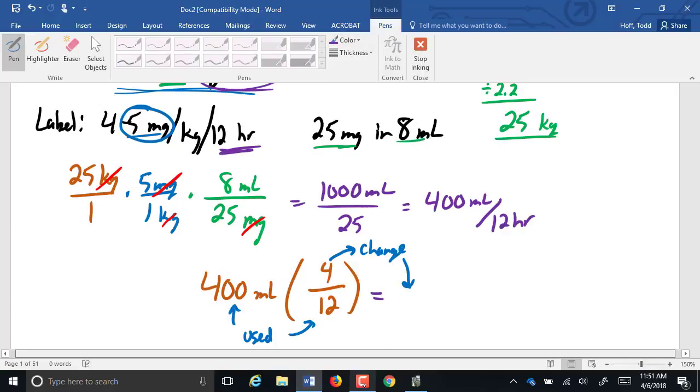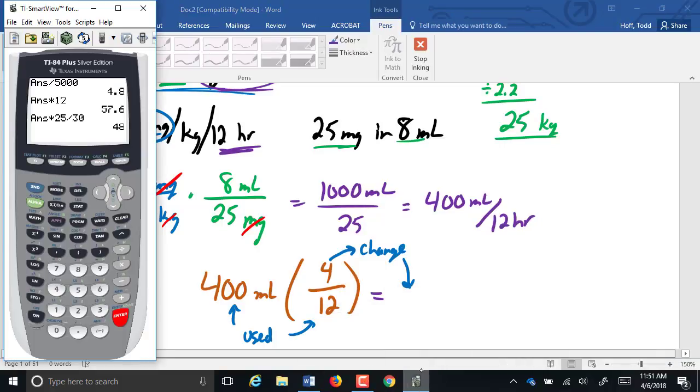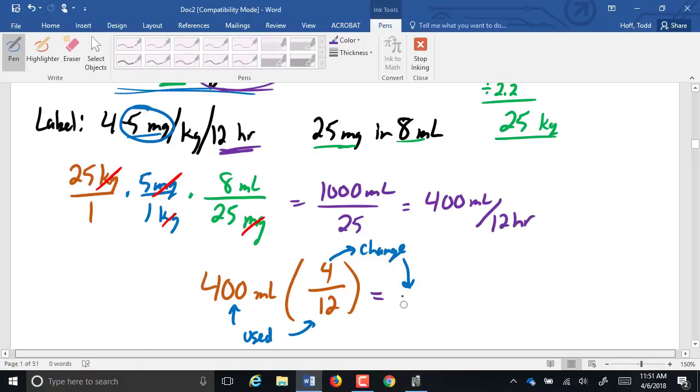So 400 times 4 divided by 12 gives us 133.33 milliliters. Again, we always round to 2 decimal places when it's milliliters, milliliters per hour, milliliters per minute. So that is milliliters per 4 hours.